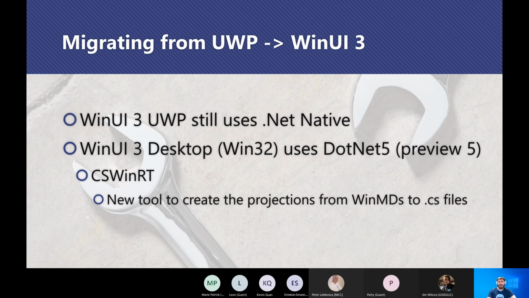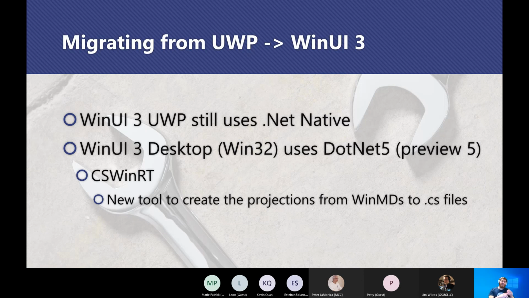Just go to github.com/Microsoft/CS_WinRT. Stands for C# WinRT. It's this exact same concept. If you're a C++ developer and you ever used C++ WinRT, it's exactly the same thing, but it creates the bindings for C#. And it creates the projections of your WinMDs in C# files.